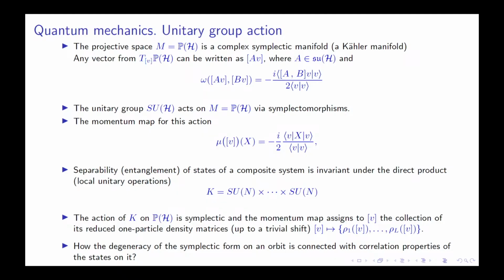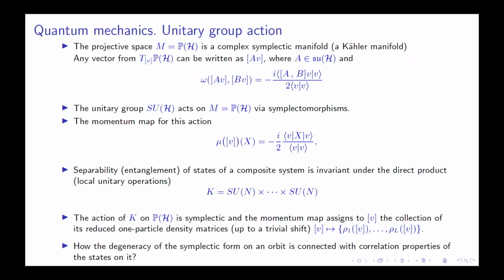So this is simply a product of unitary groups, each acting on one subsystem. Once again, as was shown before, this action of the unitary group is still a symplectomorphism. It does not change the form.